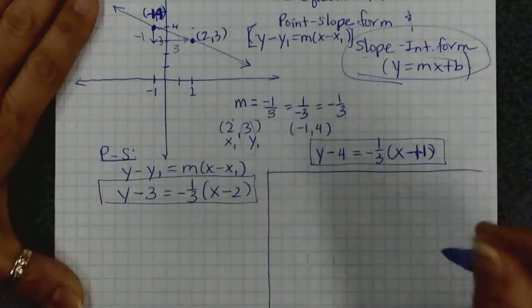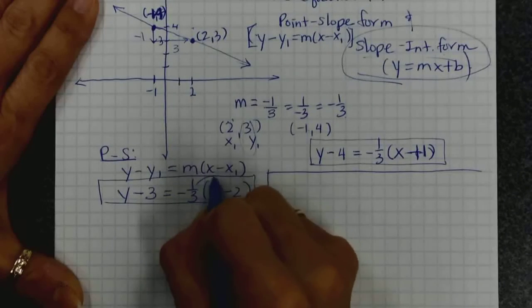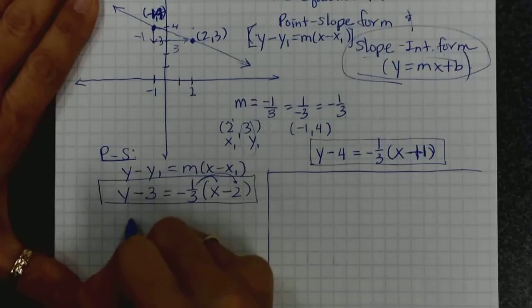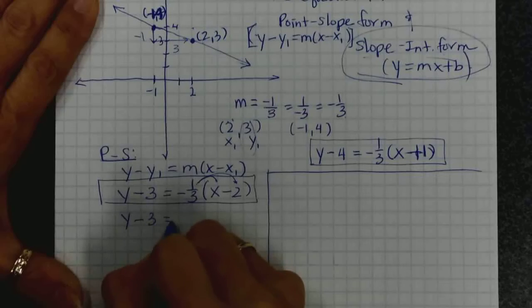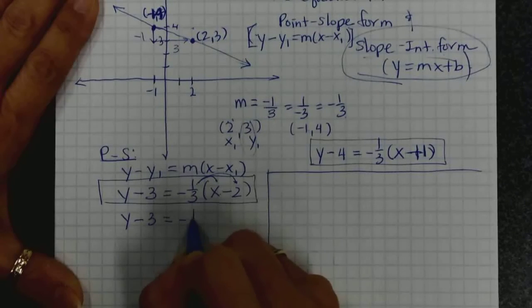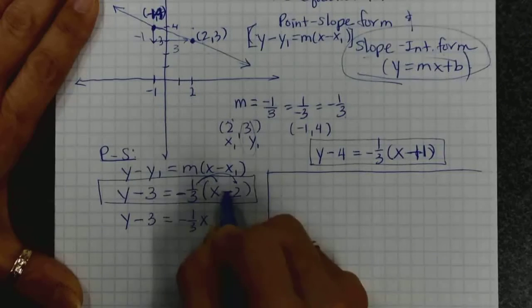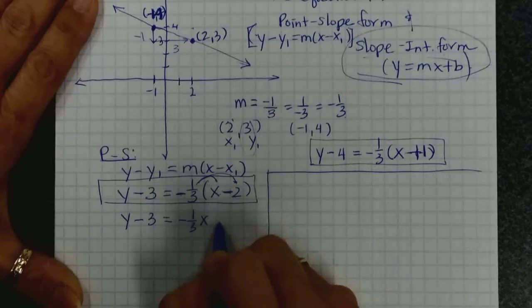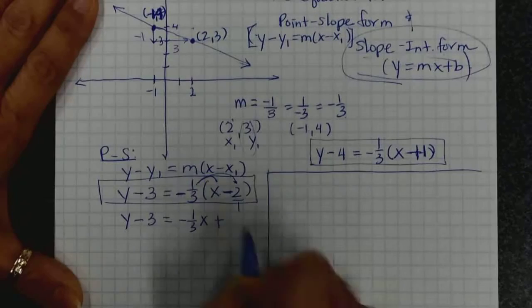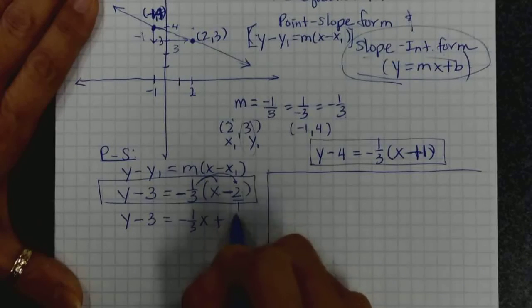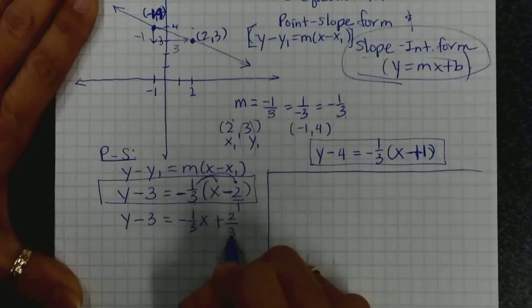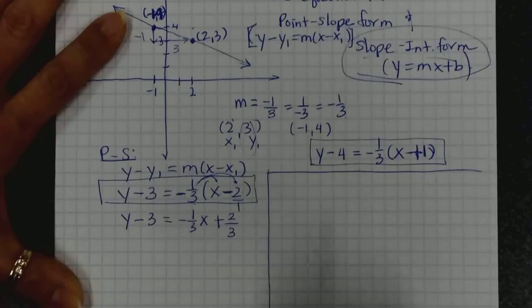To do that, what we do first is distribute. y minus 3 is equal to, when I distribute that in, negative 1/3 x, and minus a negative makes it a positive. If I put this over 1, you just multiply straight across. So 1 times 2 is 2, over 3 is 2/3.